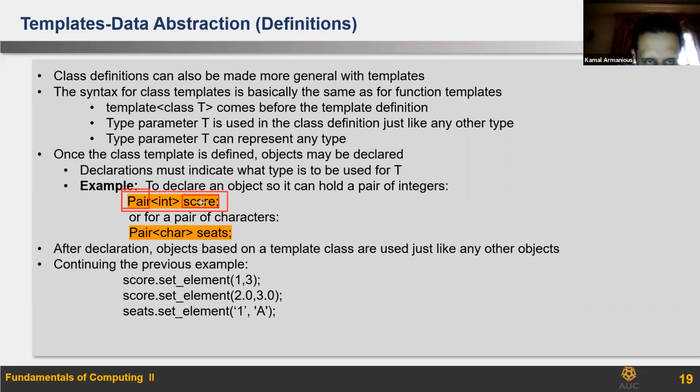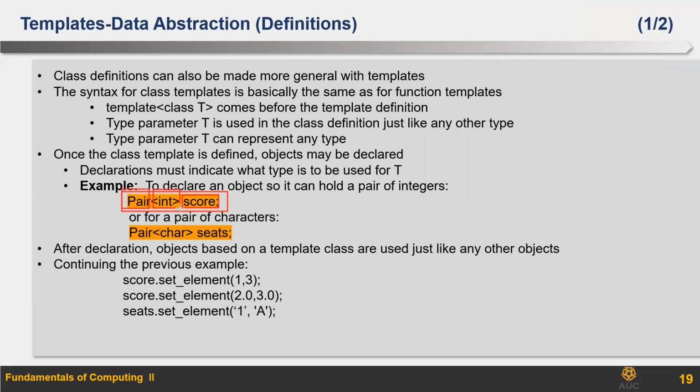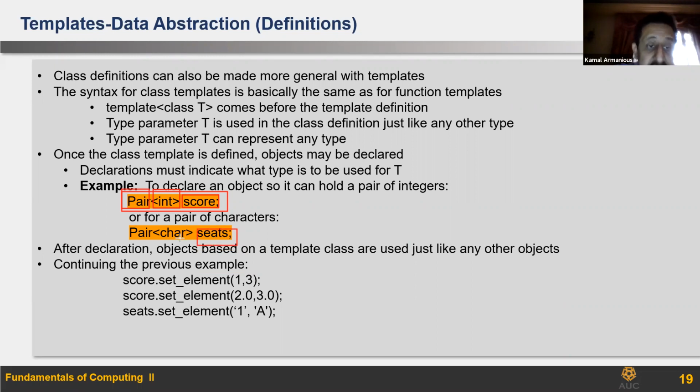So this is a declaration of an object belonging to a certain class, and there is a small int here. So this means integer. So it means that it's a class of integers. It means that t is an integer. And then seats. This means that the class, ya Abdullah, in this case, is character.